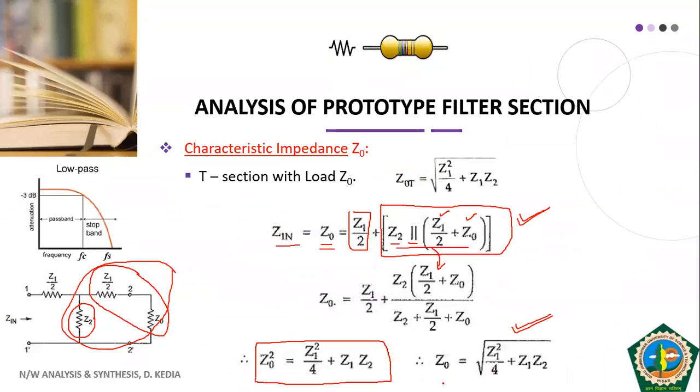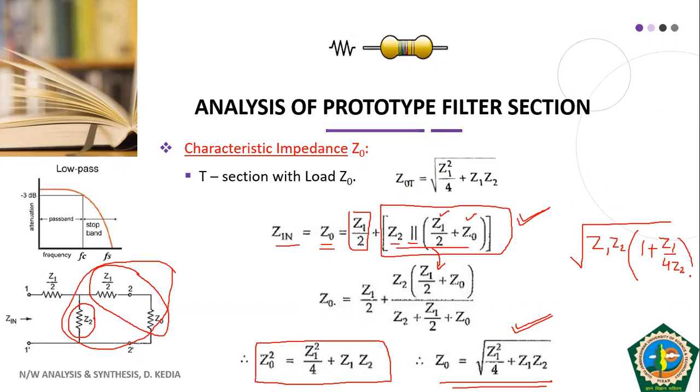See, this was the value of characteristic impedance. So this value we have again modified in a way that under the root, we are taking common Z1 Z2, and inside what we are left with is 1 plus Z1 by 4Z2.